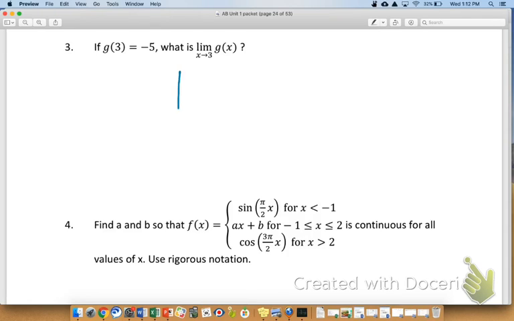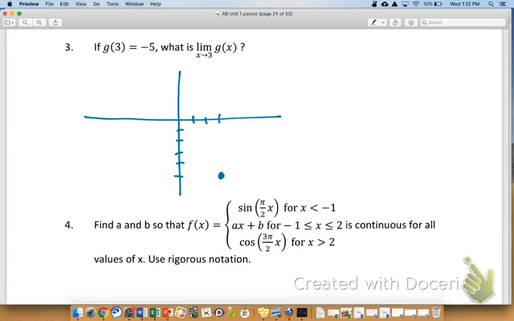So if I were to sketch this, g of 3 equals negative 5. That would be 1, 2, 3, and 1, 2, 3, 4, 5. Wouldn't that be graphically represented by that? Yeah. Okay, so 3 comma negative 5.